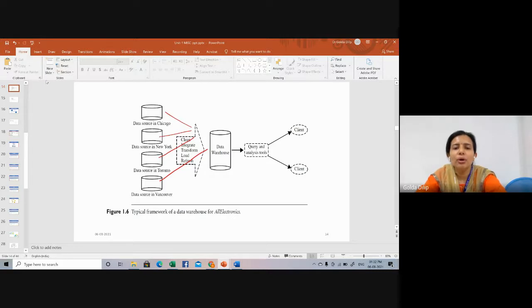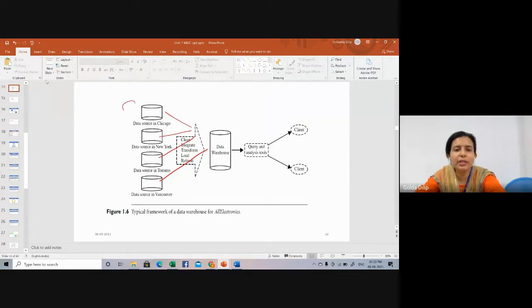So we need to clean, integrate, transform, load, and refresh the data before we put it into the data warehouse. Data mining requires data integration, that is, merging the data from different data sources.